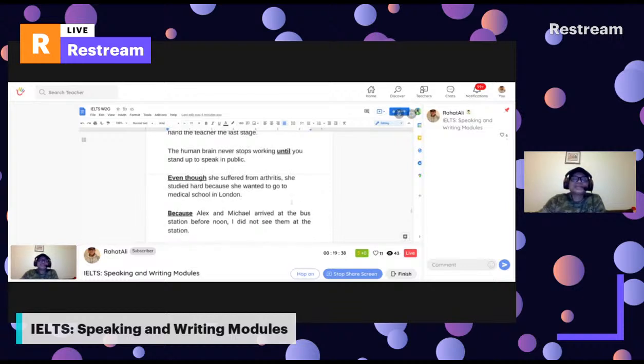Even though she suffered from arthritis, she studied hard because she wanted to go to medical school in London. So you can see that she suffered from arthritis. She studied hard because she wanted to go to the medical school in London. It has been connected by the second part.